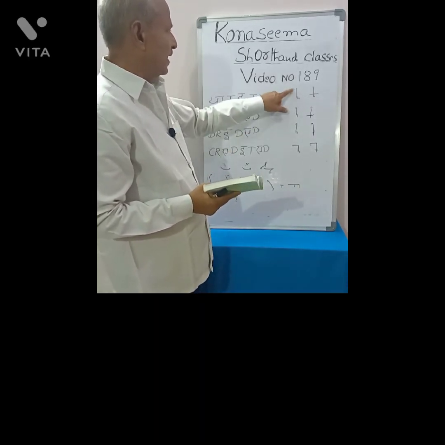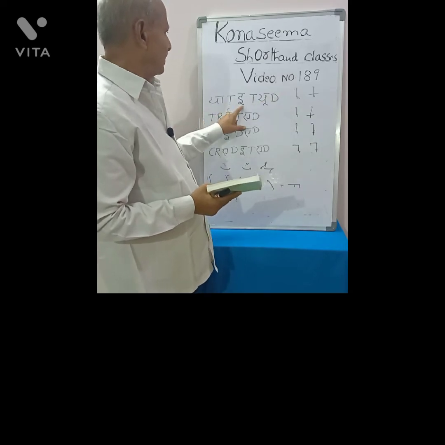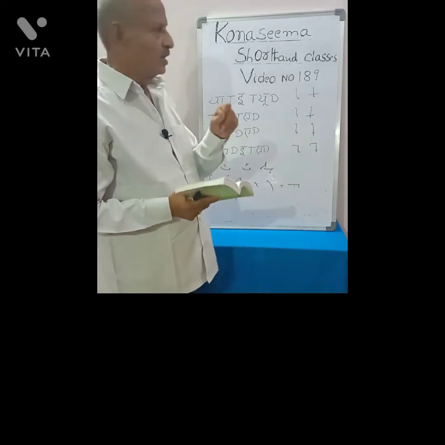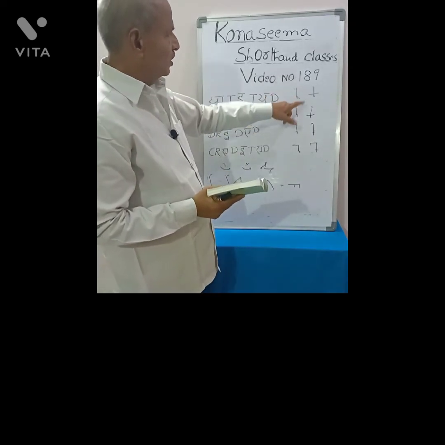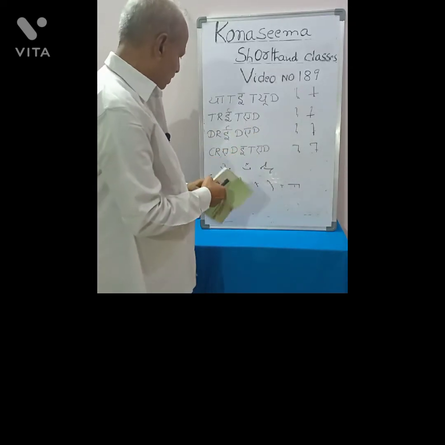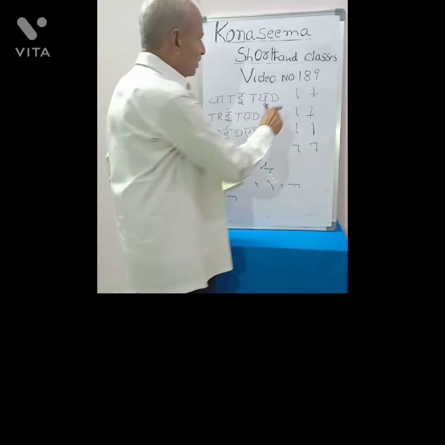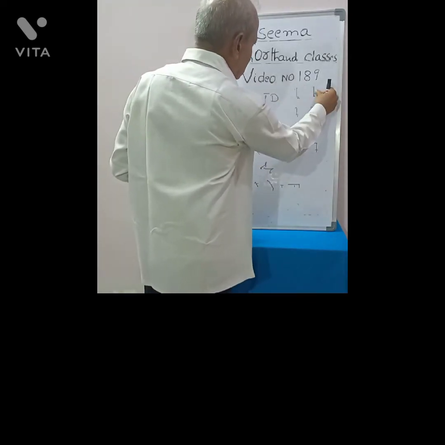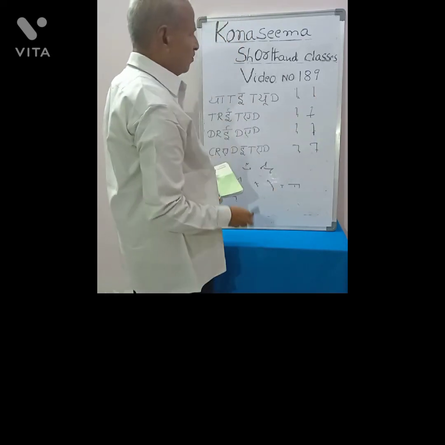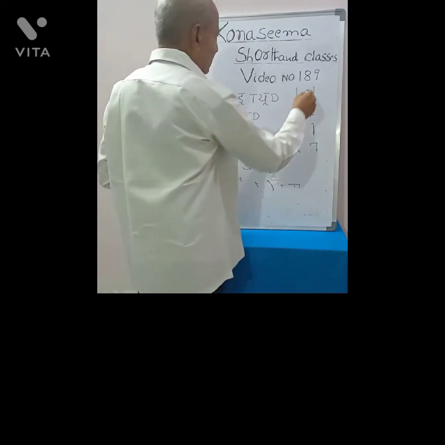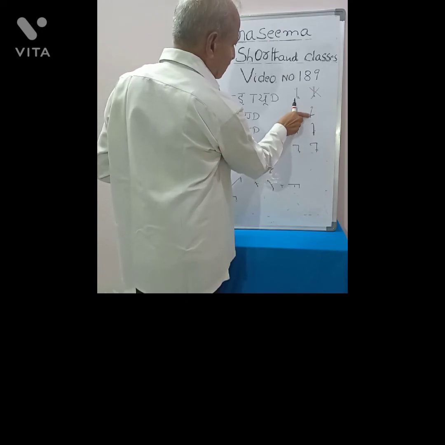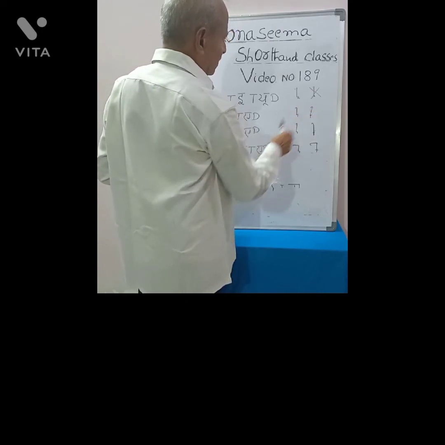You see, attitude. T is to be disjoined. Why? Because without disjoining, if we write like this, how can we identify? We can't identify. Attitude. Can we identify? We can't identify it. And hence this thing. Dreaded. If we write like this, can we identify? We can't identify.